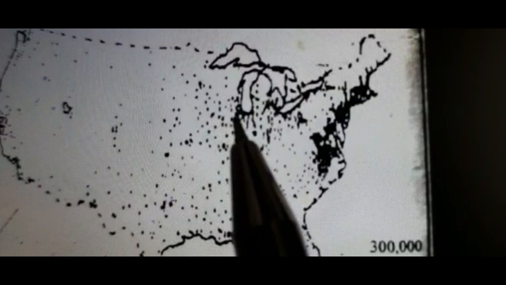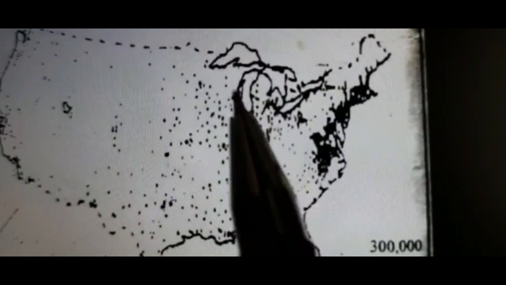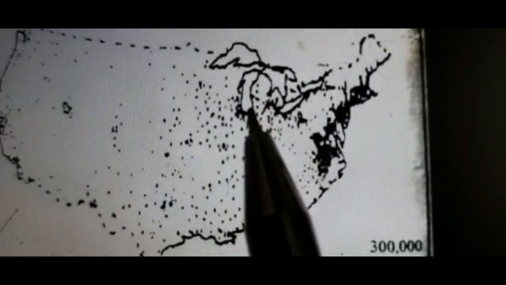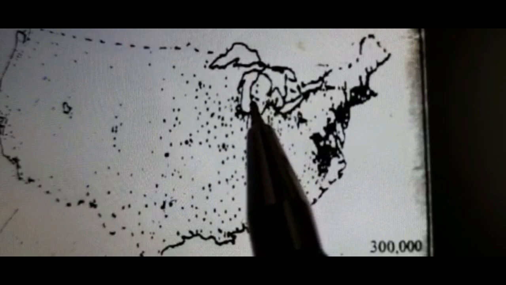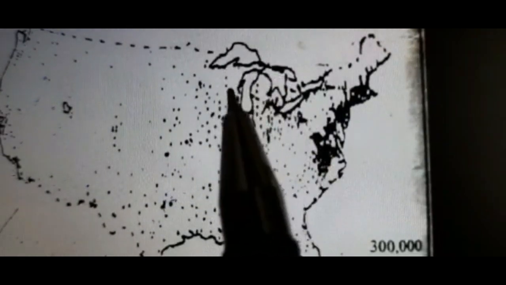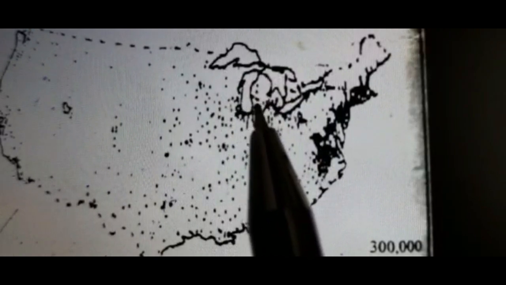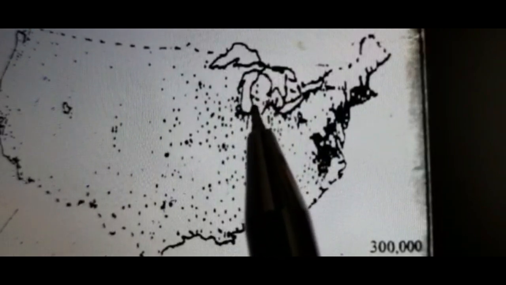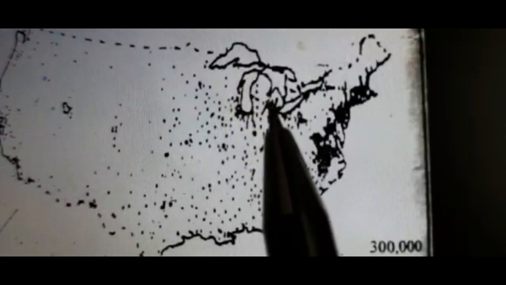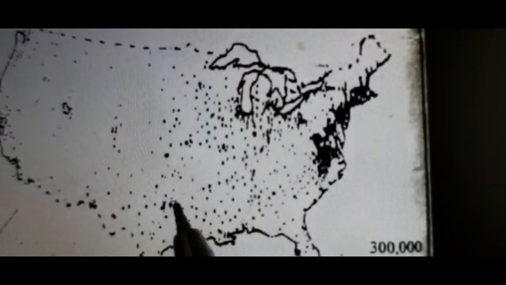The density of population in Michigan is 85 persons per square kilometer. Why is it so? Because of the Great Lakes region surrounding here. Cultivation is possible, industries can be established, so this place becomes again a densely populated region.